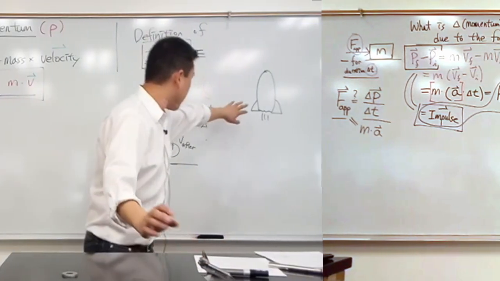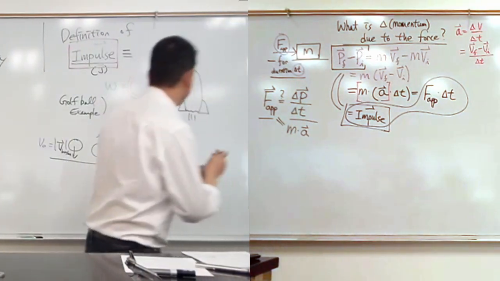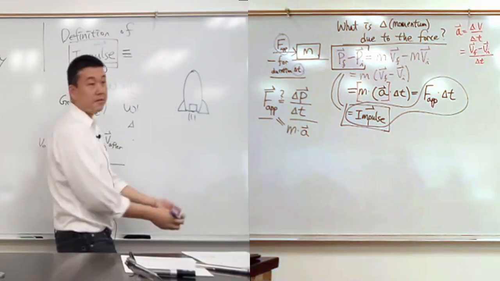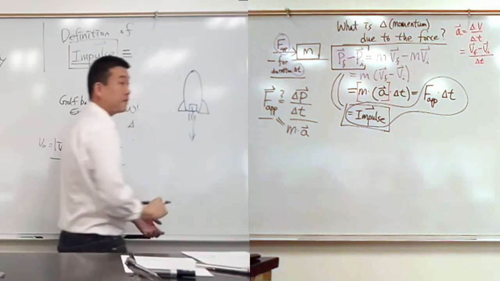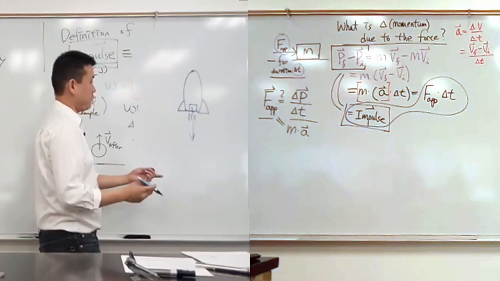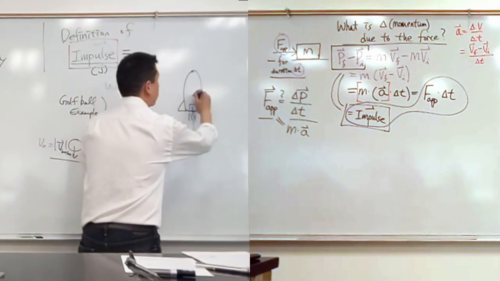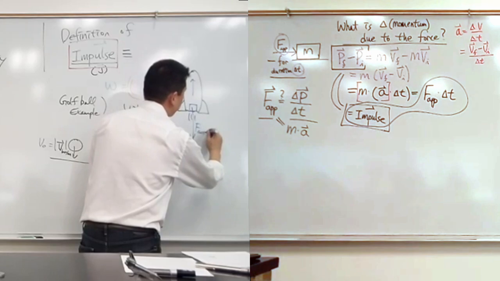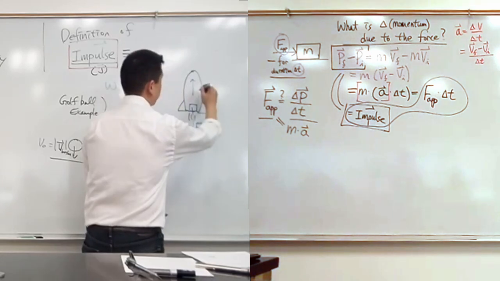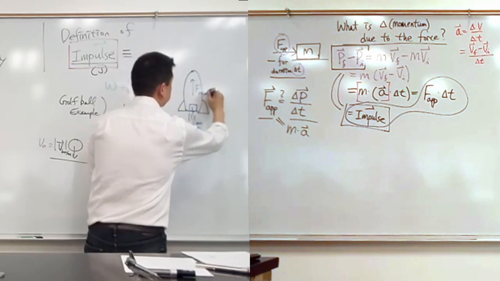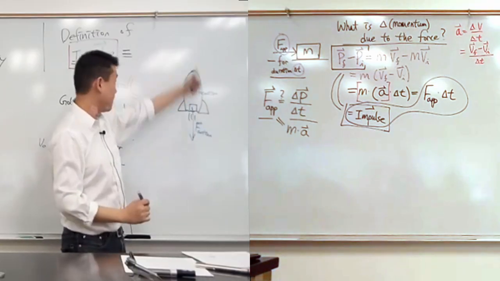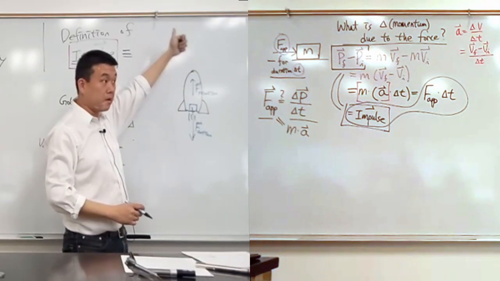So imagine some part of the rocket, the fuel, getting pushed outward. Let me call this the action force. As a result of the push, the rocket gets the reaction force from its fuel, and that's how it's moving up.